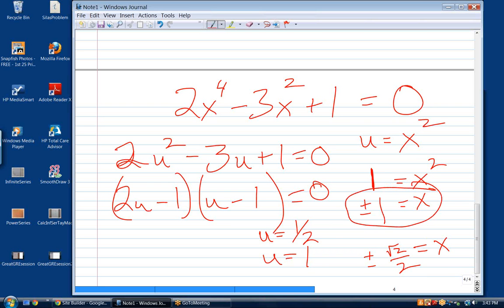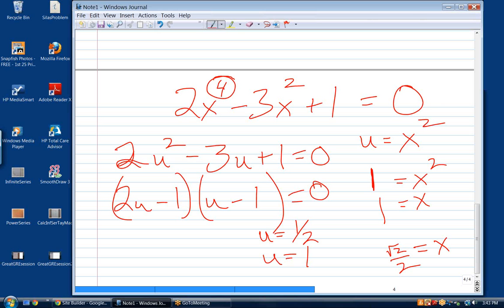There's 2 solutions, there's 2 more, there's our 4 solutions. So perhaps one way to remember to put that plus or minus on there is if you did not put it on there, we would only have 2 solutions. That should be a red flag. There should be as many solutions as that exponent.